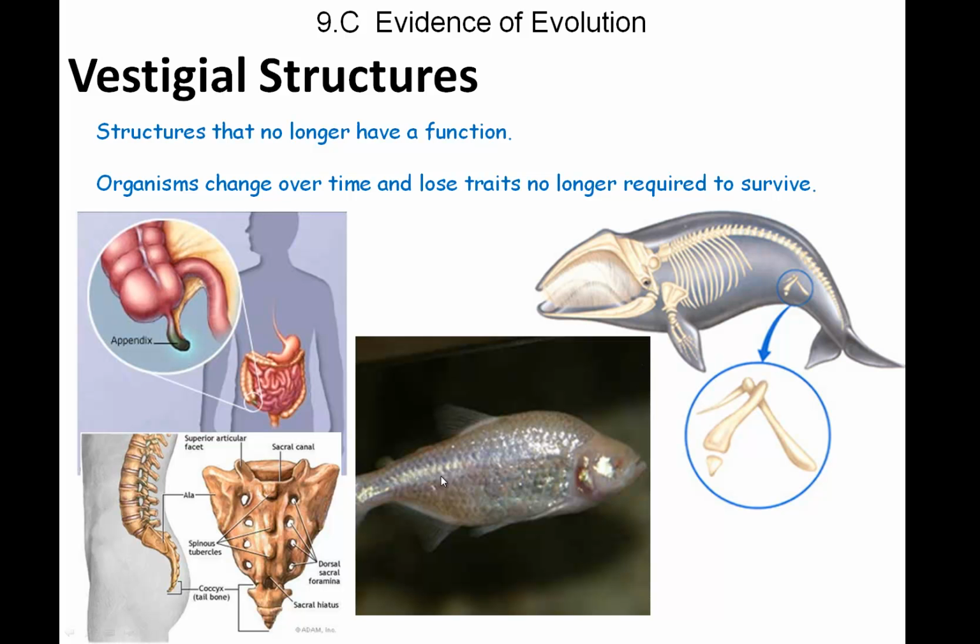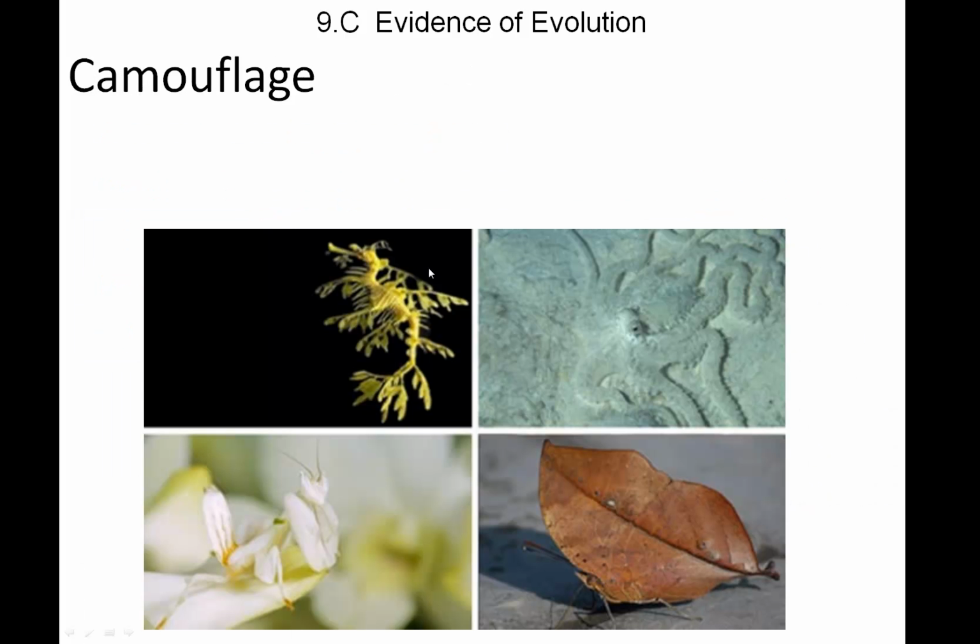This one lives in a cave where there is no light, no need for a light receptor anymore, so it is a vestigial structure. And this is a whale that still has the resemblance of a pelvis and a back leg, showing that maybe at one point it was a land dweller and lost that ability when it moved back into the ocean. Camouflage.